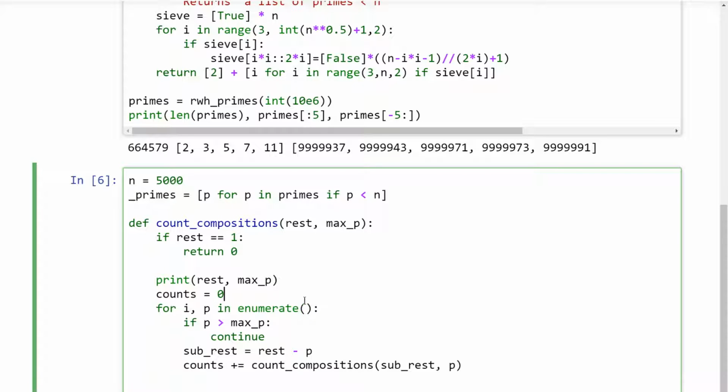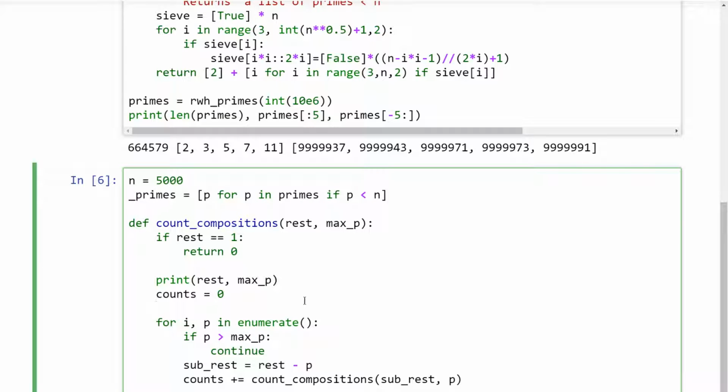Okay, whatever. So the next one is our primes i plus 1.